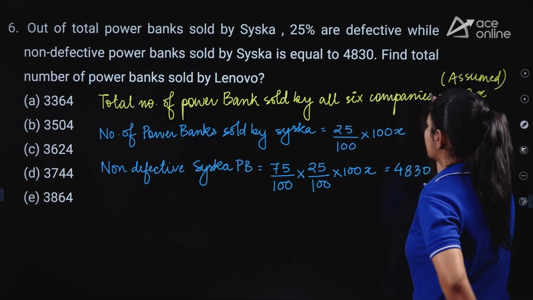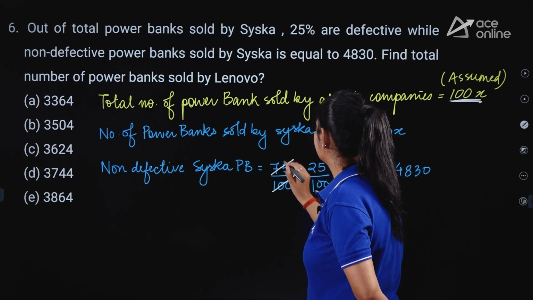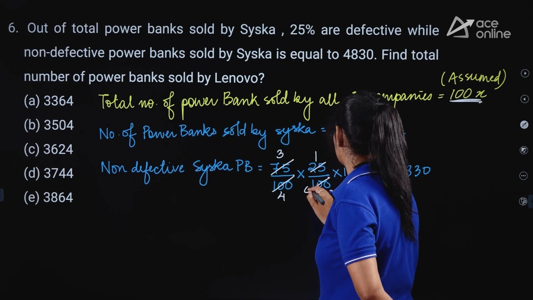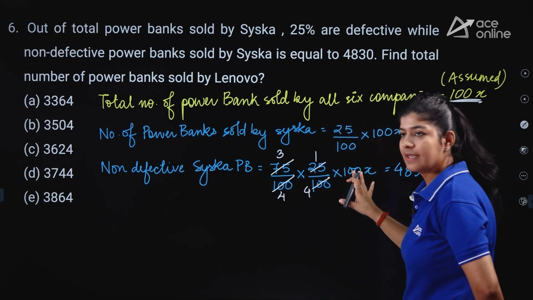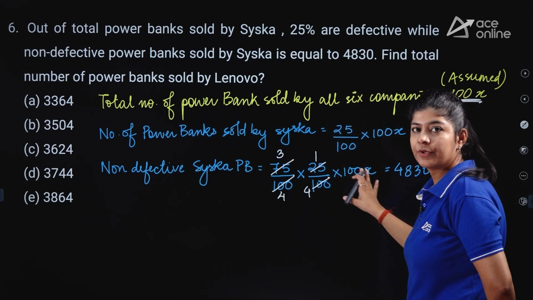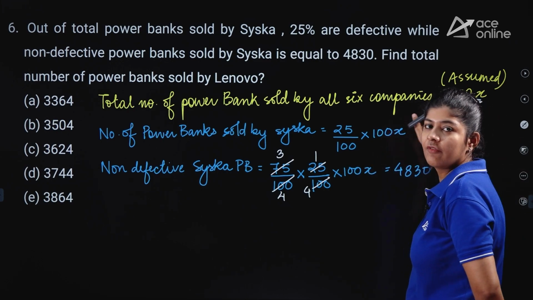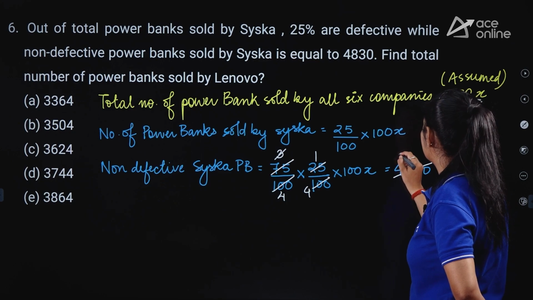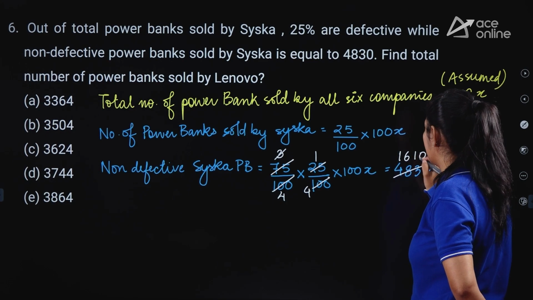Okay. So here we can say that here we are getting 3 by 4. Here I am getting 1 by 4, right? So I'm just putting this 100x as it is. I'm not going to change this value because I need the value of 100x, right? Now I'm going to eliminate this value. So here we are getting 1610, right?